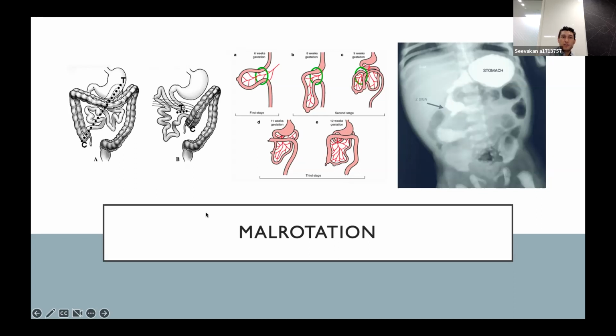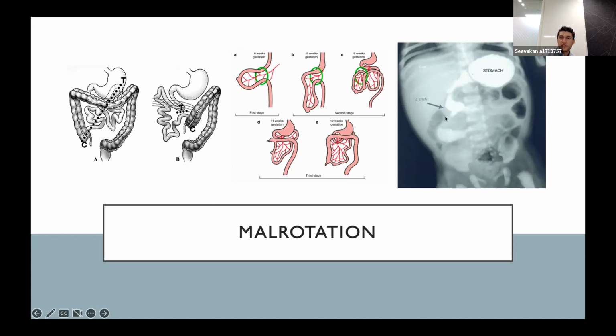On the image on the left-hand side of the screen, you can see the normal one, which is A, and then B, which is an abnormally rotated gut. Those bands going across underneath this arrow are what's called Ladd's bands, and that can also cause obstruction. On the right is an upper GI contrast study where we've put contrast into the stomach, and then here's the duodenum, and they've labeled a Z sign.